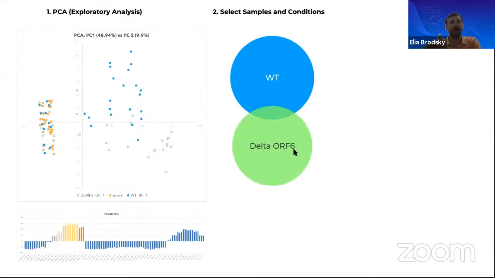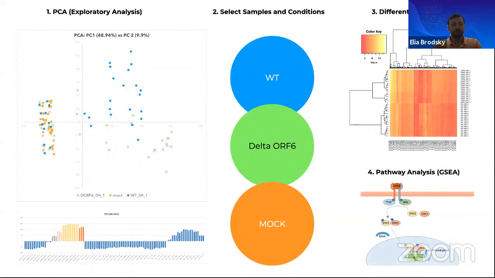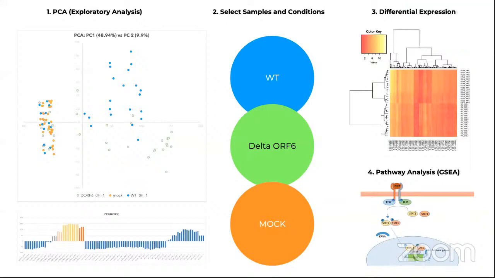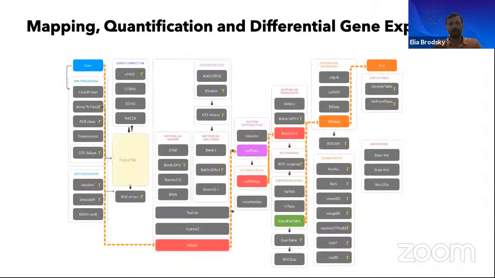We'll also look at how the design of experiments could be used to modulate different genomic construction of viral genomes, and then study the response in the host so that we understand the function of particular proteins and genes encoded in these viral genomes. Importantly, we will look at some of the standard tools like we did today.